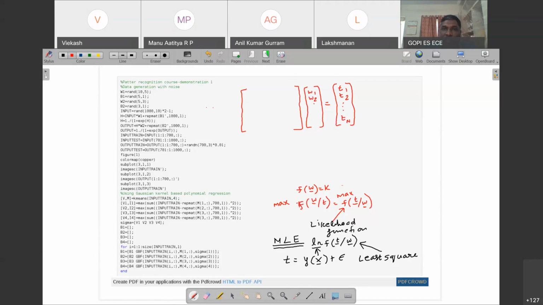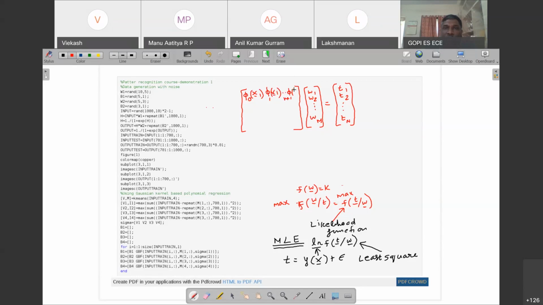W1, W2 are the elements of the vector, depending upon how many basis functions you are going to use. Let us say m here, so you are going to have the expression phi naught of x1, where x1 is the first corresponding input, and then phi 1 of the same x1, and it goes like this up to phi m minus 1.